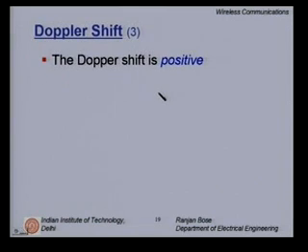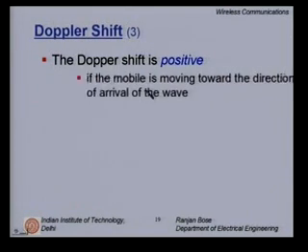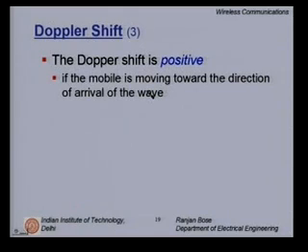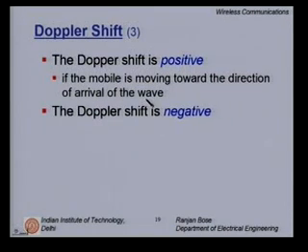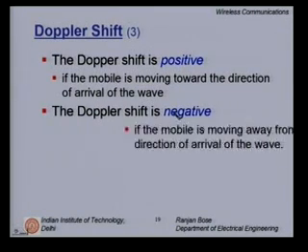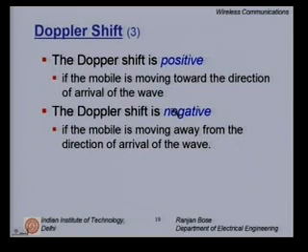The formula that we calculate is based on the relative motion, and the v is the mutual velocity. The Doppler shift is positive if the mobile is moving towards the direction of the arrival of the wave. The Doppler shift is negative if the mobile is moving away from the direction of arrival of the wave.